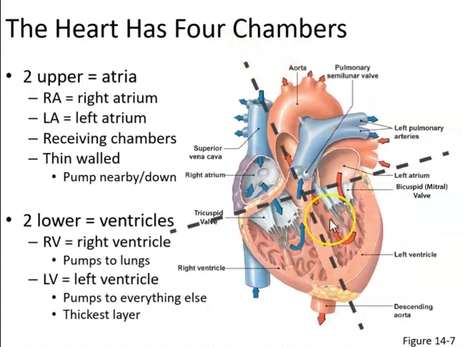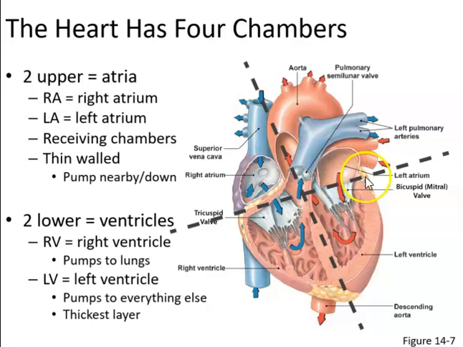If we have these lines that separate the 4 chambers, we can see the different septums that separate the 4 chambers of the heart. Between the right and left atria is the interatrial septum, that wall dividing the right atrium from the left atrium.